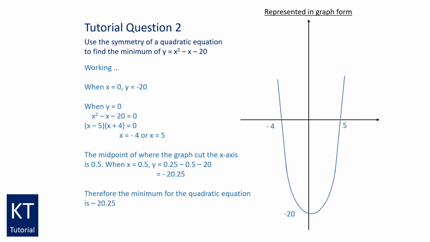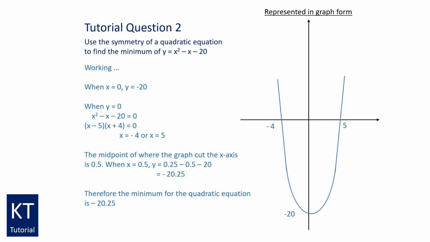The next portion is when we want to identify where the line cuts the x-axis, which is when y equals 0. This sets forth the equation x squared minus x minus 20 equals 0, and we solve for x. This comes to x being minus 4 or 5.